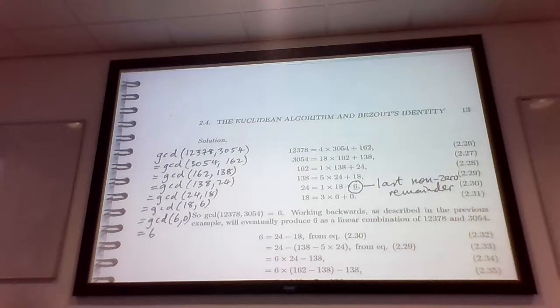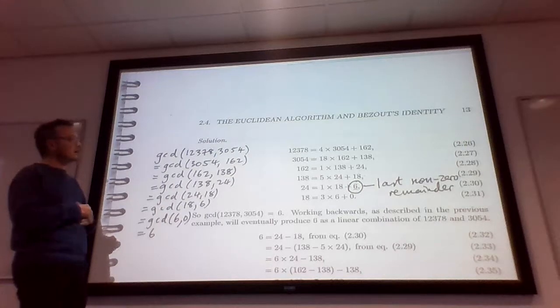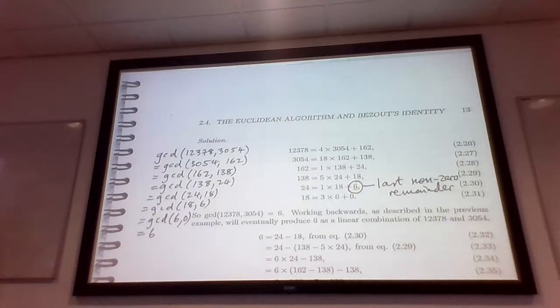You will be tasked with doing this by hand and carrying this out by pen and paper a few times, and it's definitely a good exercise to do so that you're familiar with how the algorithm works. But the main thing here is to know about the existence of the algorithm as something that we can hand over to the computer to do. And hopefully in a few moments I'll show you how we do that.